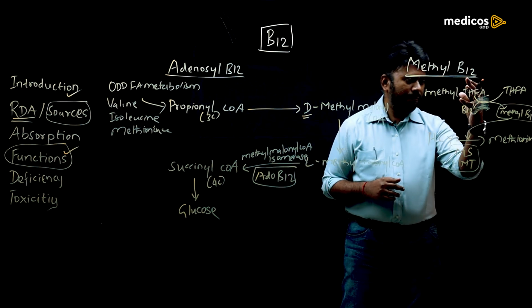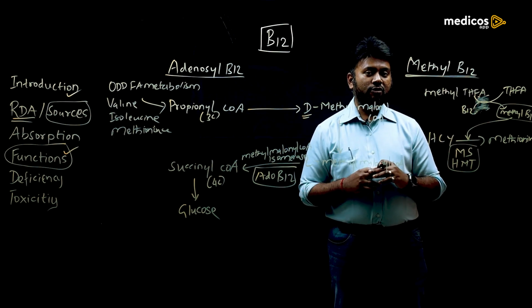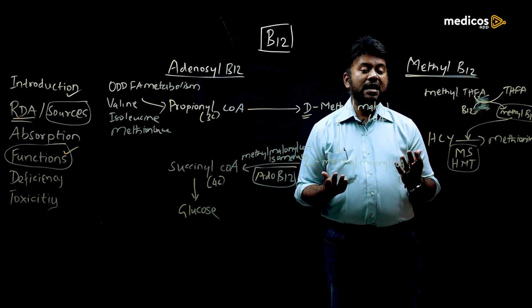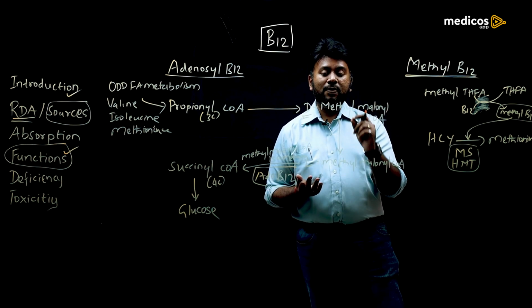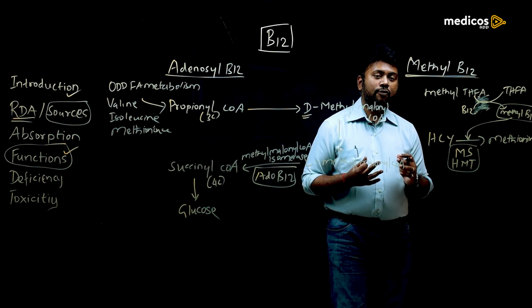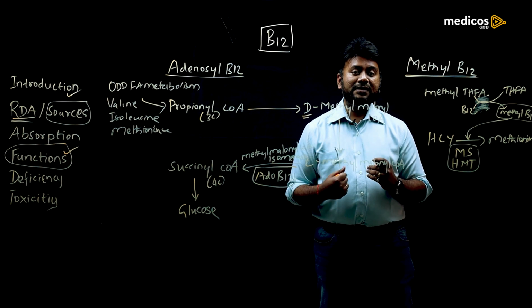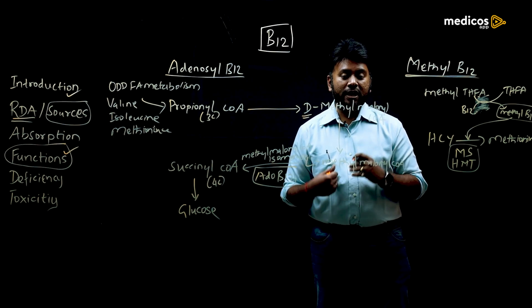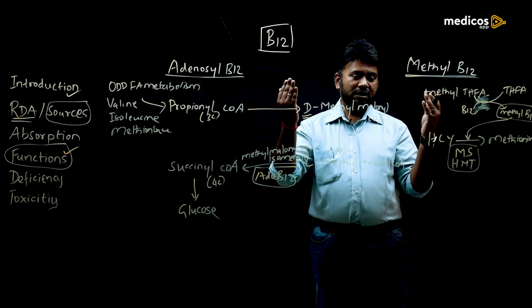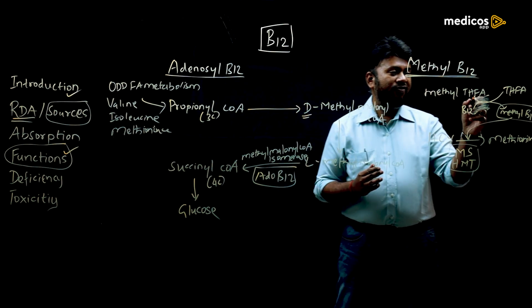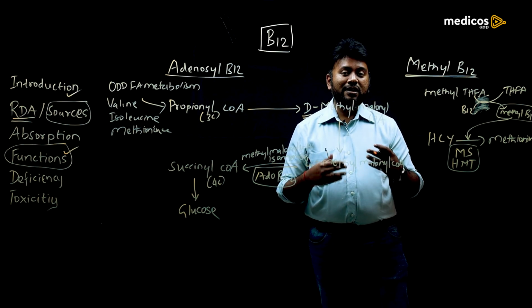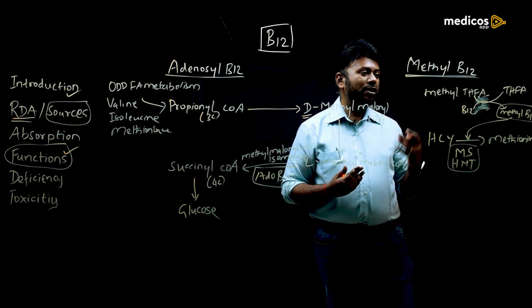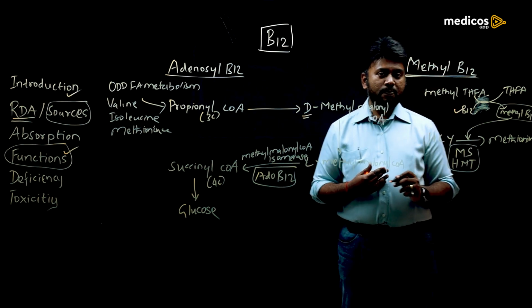Now, by receiving a methyl group from methyl tetrahydrofolate, it relieves the folate trap. Normally in our body, tetrahydrofolate has a tendency to get trapped as methyl tetrahydrofolate. If it gets trapped, it cannot be used for other purposes. That is prevented, and free tetrahydrofolate is released by vitamin B12.